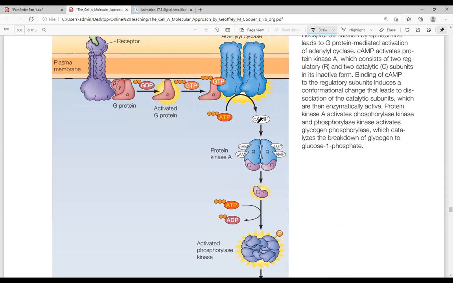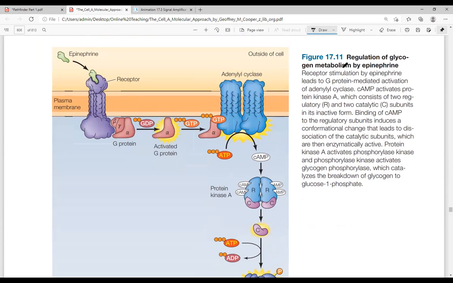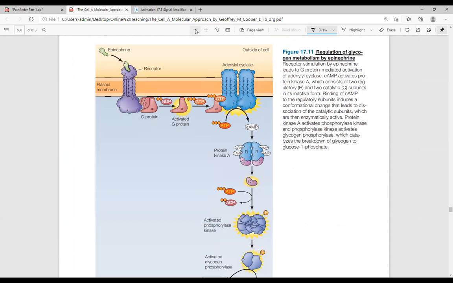So you can find here the regulation of glycogen metabolism by epinephrine. How does the regulation of glycogen metabolism take place by epinephrine? I'm making this shorter so that we can look at it in a single diagram. Epinephrine is a hormone that binds to its own receptor molecule.